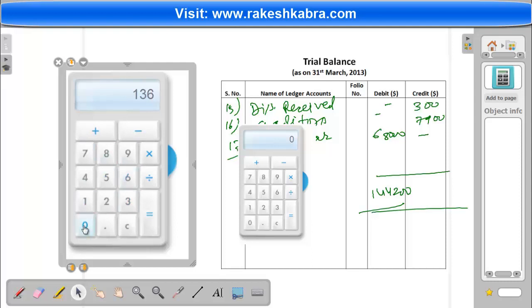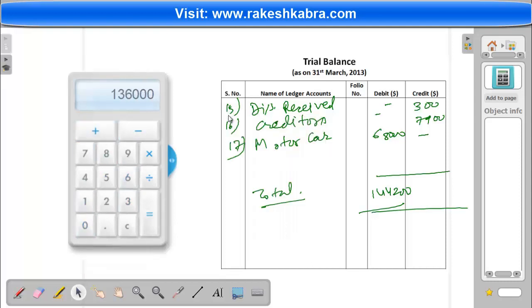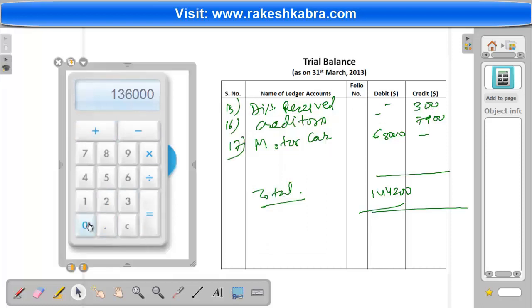The total of the previous page 1,36,000 plus. Now what is the next item? 300 in the credit column. So plus 300. Next 7,900.